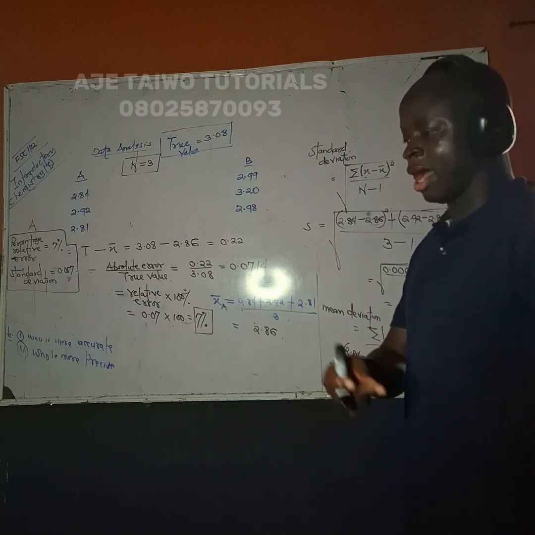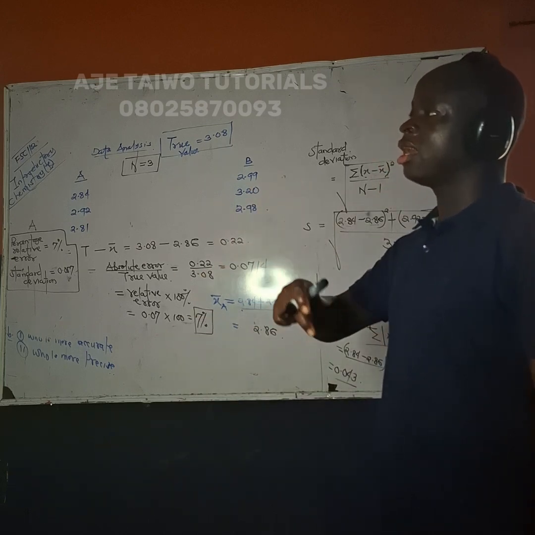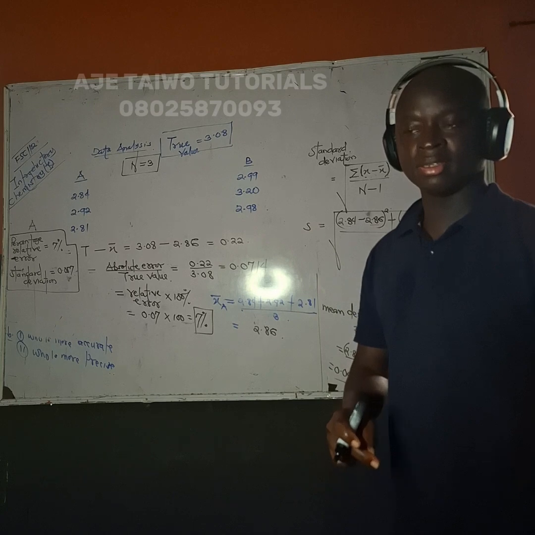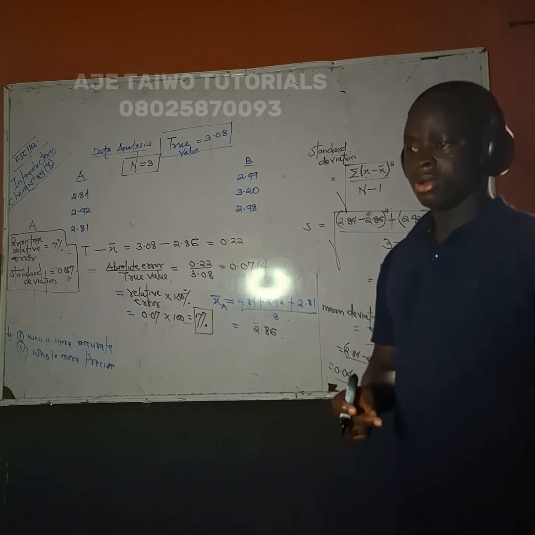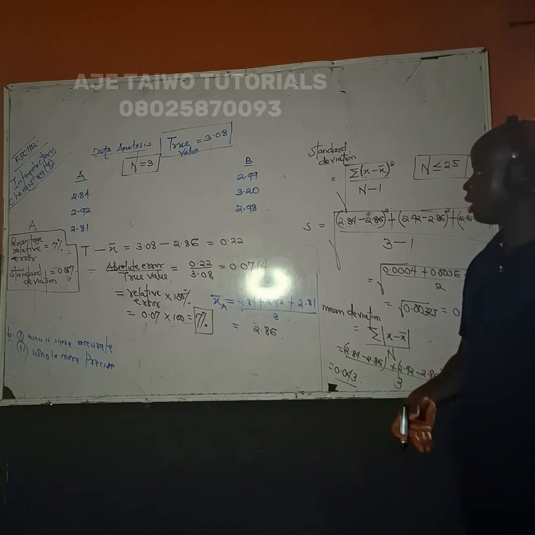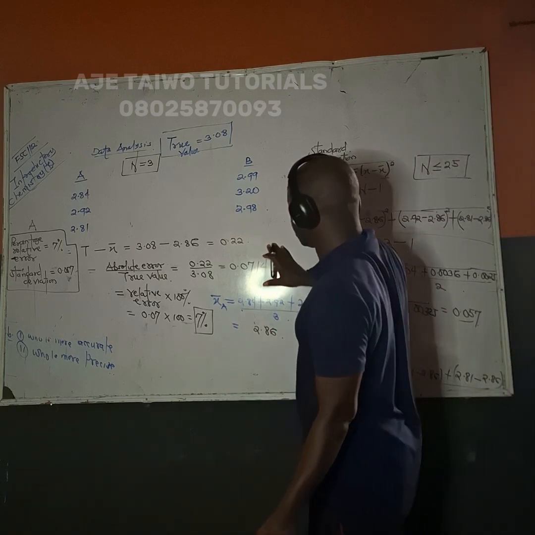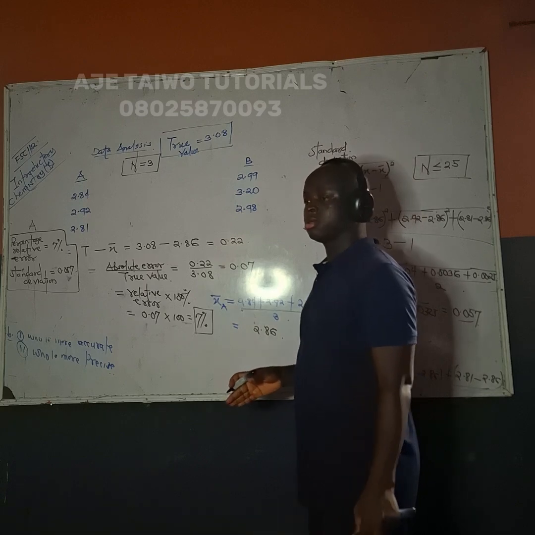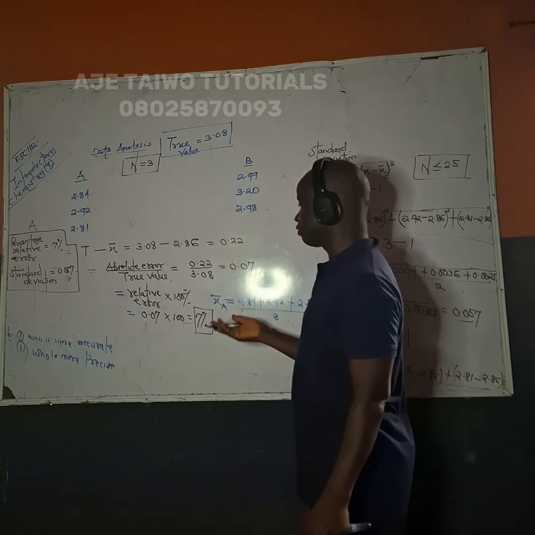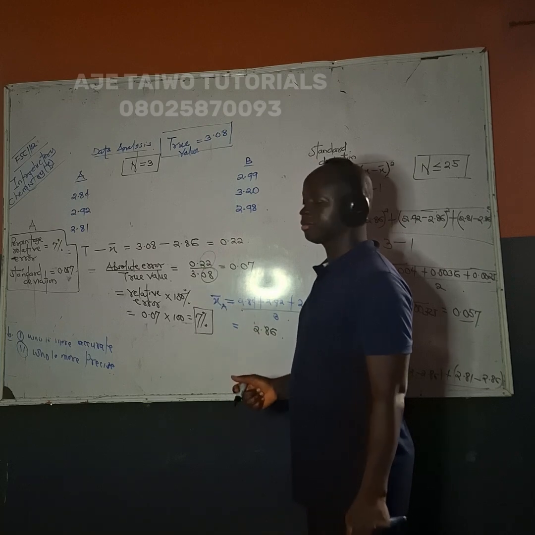When they give you mass, they give you volume. They will even give you the formula to calculate density. So in that case, you know they are testing the rule of rounding off. If you are basing on the rule of rounding off, yes, it should be 0.07, because after all, these are in the same number of decimal places.